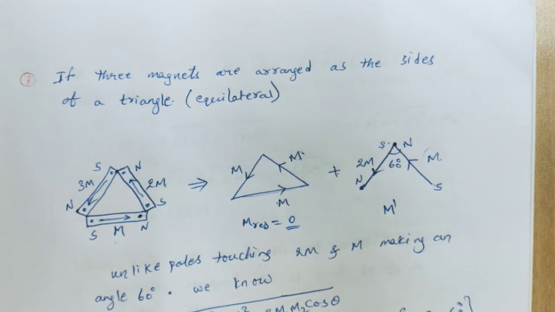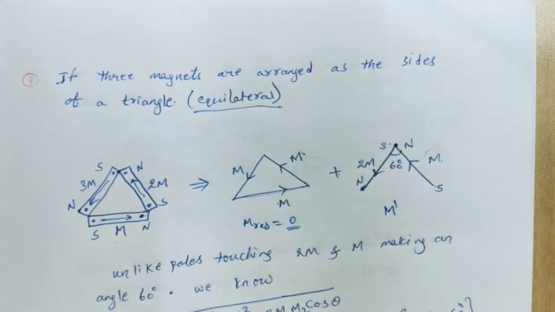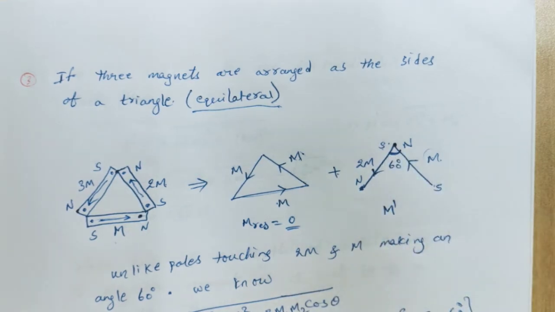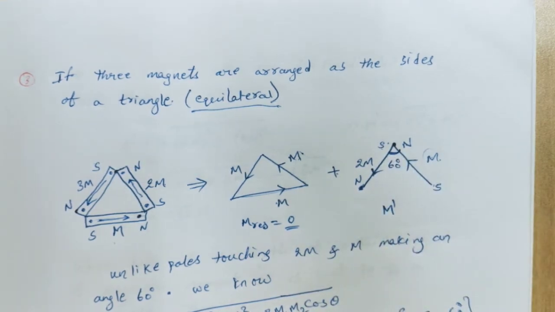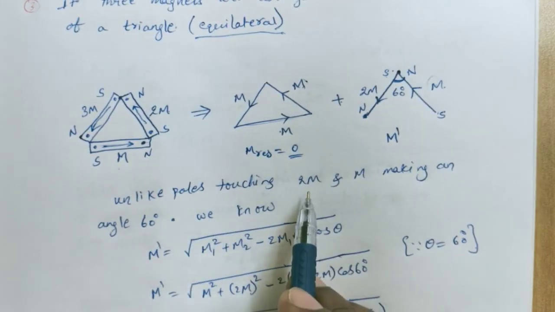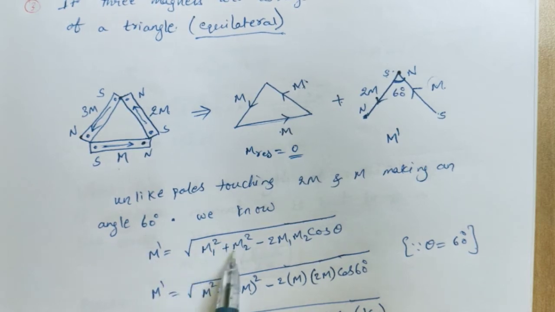Unlike poles joined means you must remember one formula. M dash is equal to square root of m1 square plus m2 square minus 2 m1 m2 cos theta. See students, initially we mentioned equilateral. Equilateral means how much angle is present? 60 degrees is present. So theta becomes 60 degrees only. So observe students, unlike poles touch, 2m and m make an angle of 60 degrees. You know this is the formula.